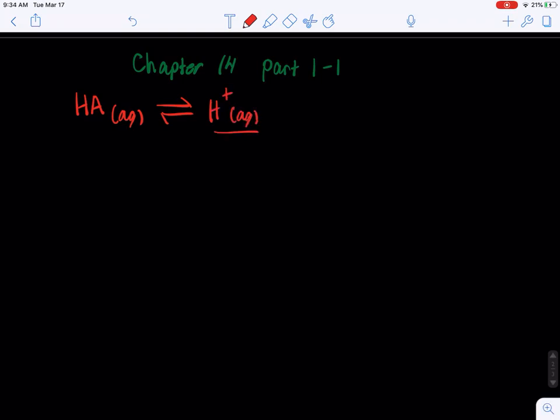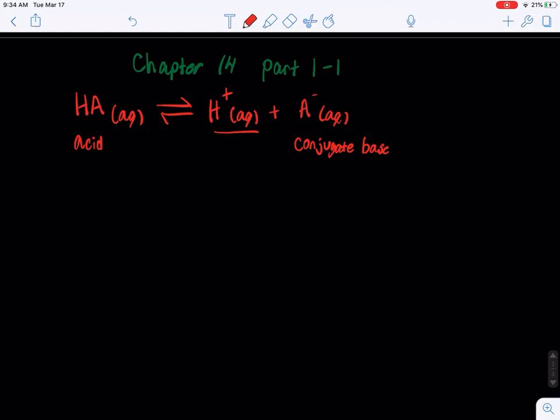And that's, of course, the business end of an acid, and the conjugate base. Okay, so we call HA the acid, and we call A minus the conjugate base. All right, and this is the generalized equilibrium.